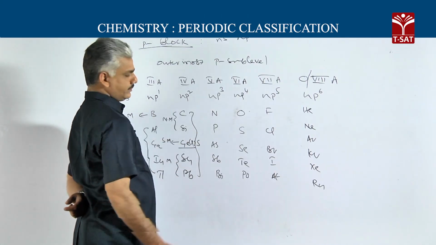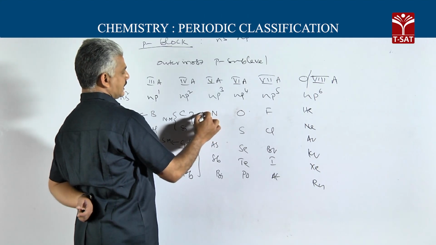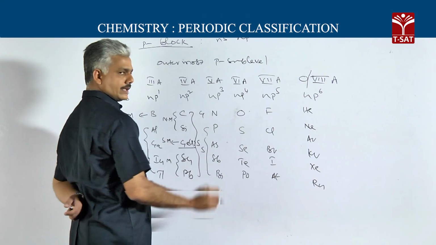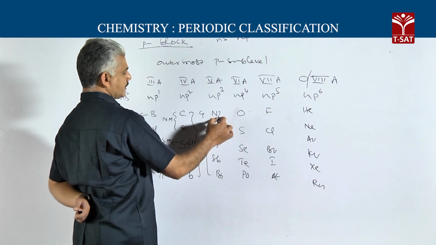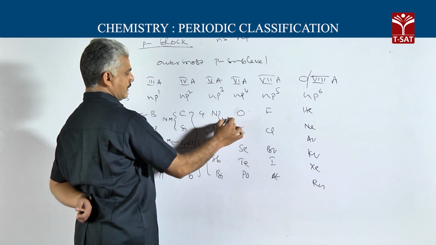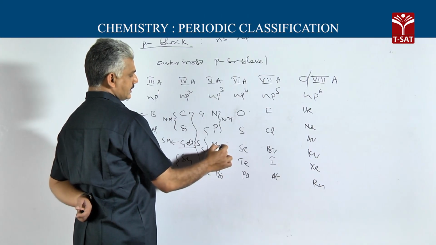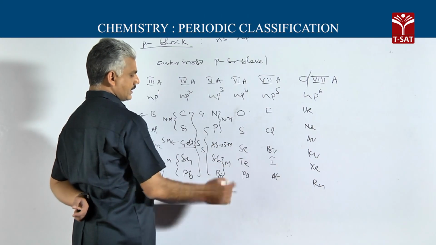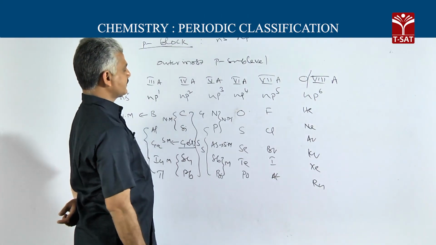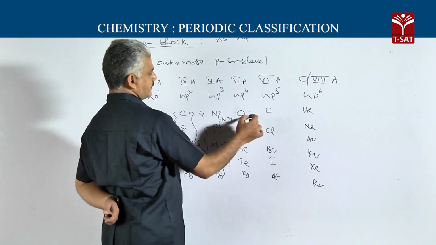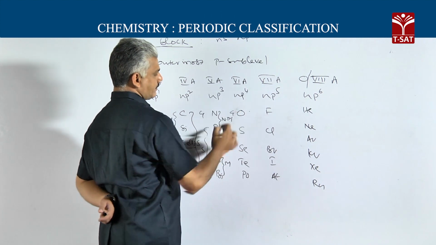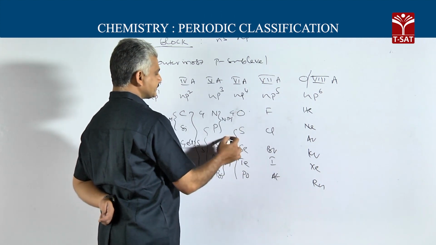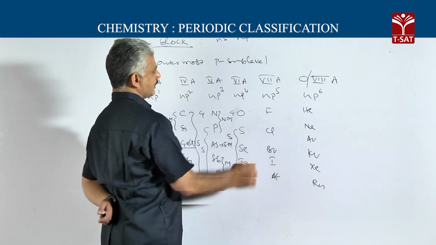Coming to 5th A group, nitrogen is a gas, phosphorus onwards exist in solid state. Both nitrogen and phosphorus are non-metals, arsenic is a semi-metal, antimony and bismuth are treated as metals. In the 6th A group, oxygen exists in the form of gas, rest of the elements exist as solids.